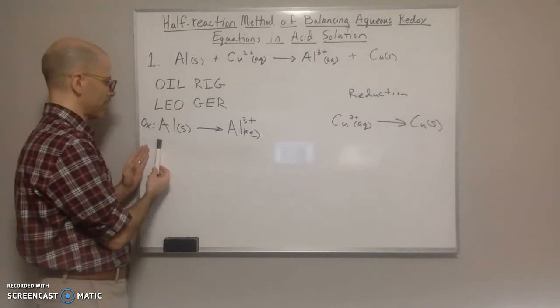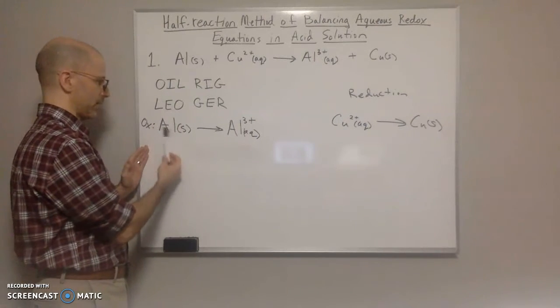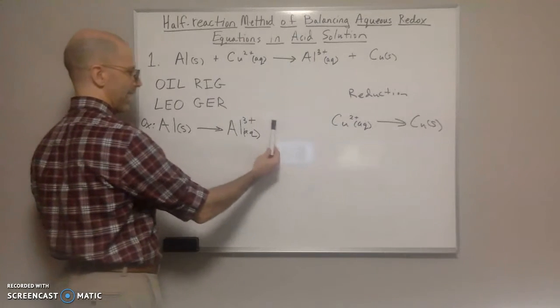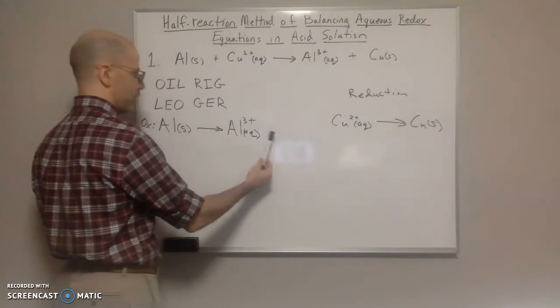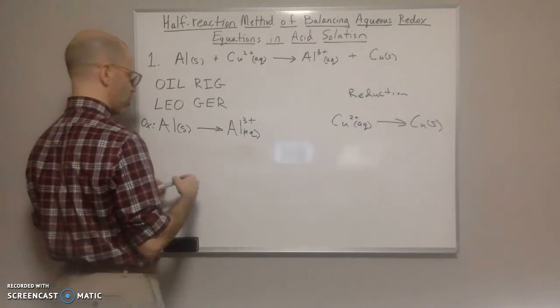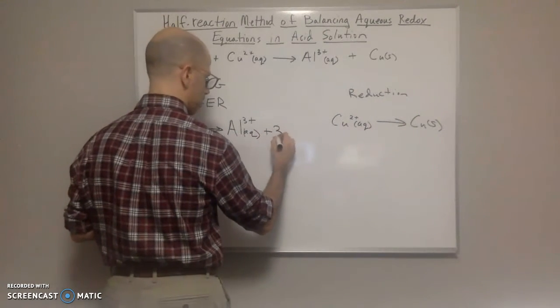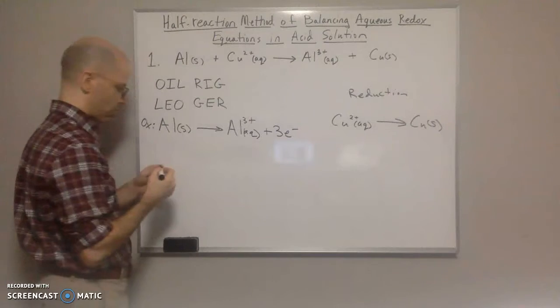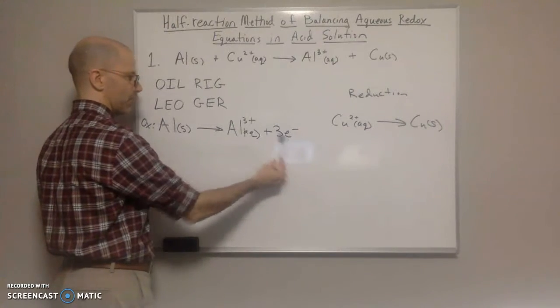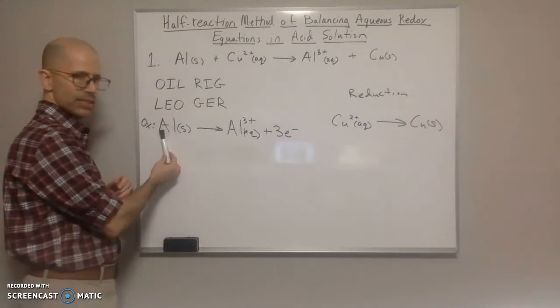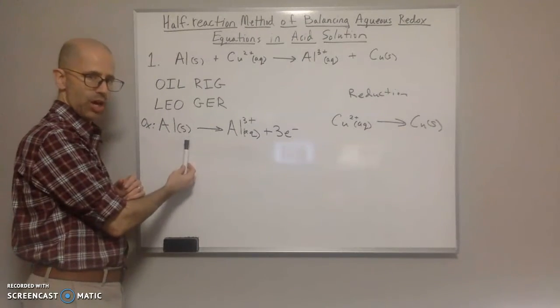So if I add negative electrons on this side, then I'm just making this negative and this positive. That's not going to work. So I need to add electrons to this side. So if I add 3 electrons, like so, then I have a -3 and a +3. That makes it 0, and I have 0 on this side. So now it's balanced in charge.